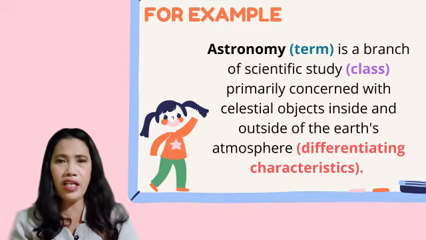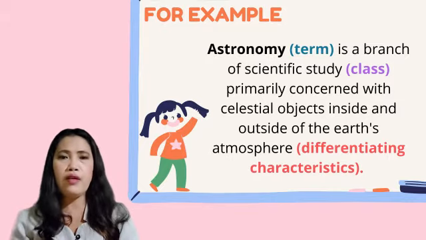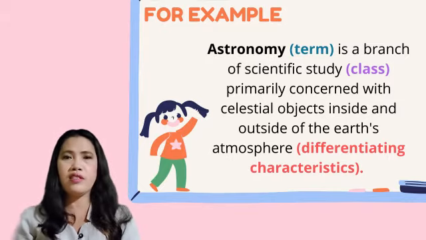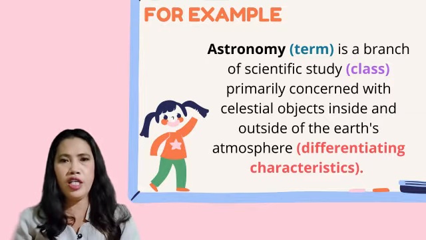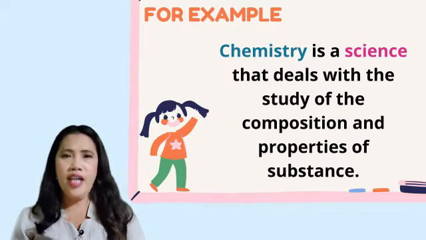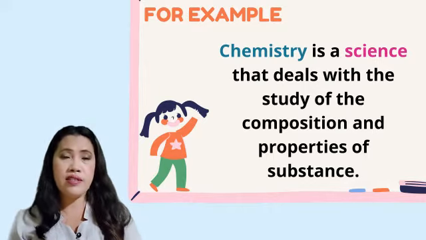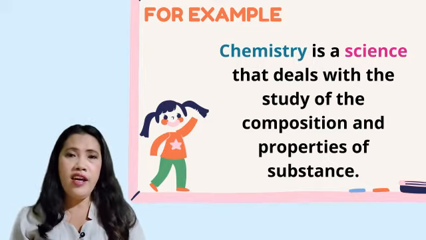So it's very clear that in defining a term, we define it in three parts: the term, the class, and the differentiating characteristics. Another example: chemistry is a science that deals with the study of the composition and properties of substances.